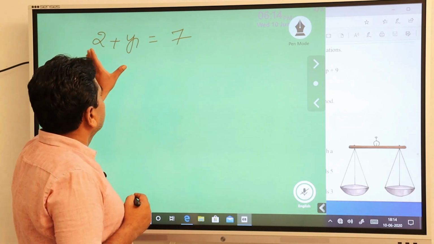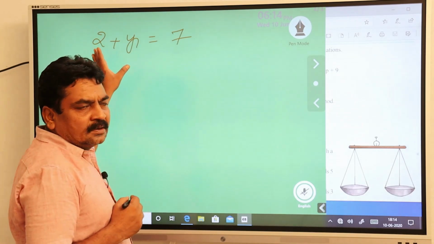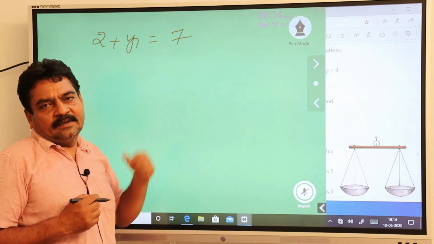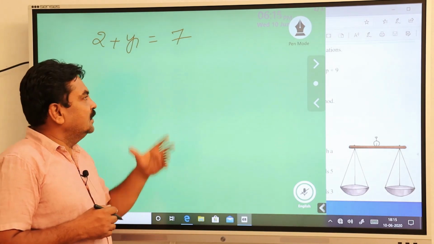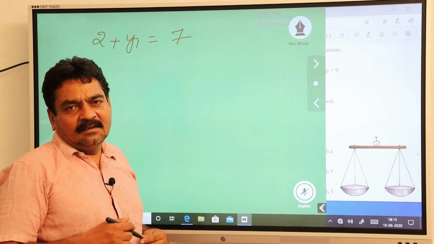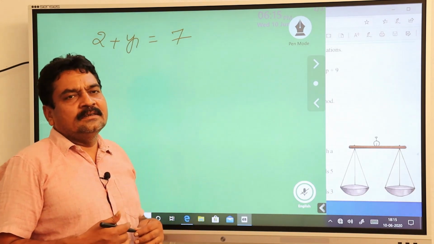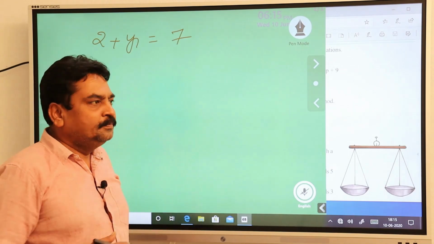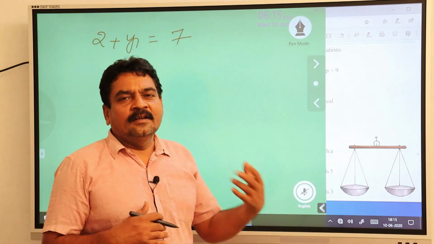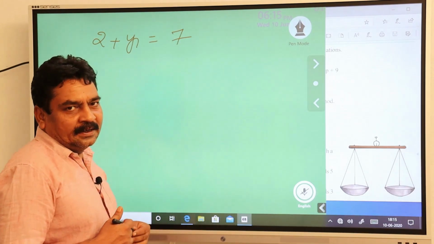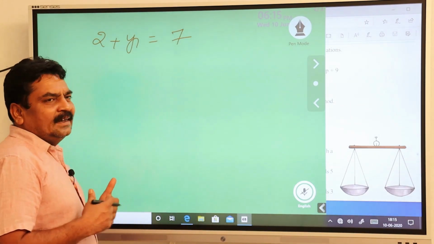You have to introduce the value of the variable in such a way that you should get 7. So for this kind of problems it's very easy, but for complex problems it is difficult to assume directly. That's why we use trial and error method. We don't know the value of y here, the variable, so we'll take it as if.